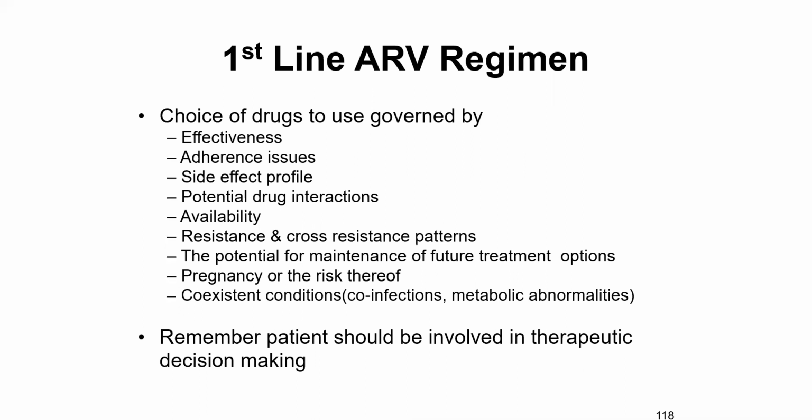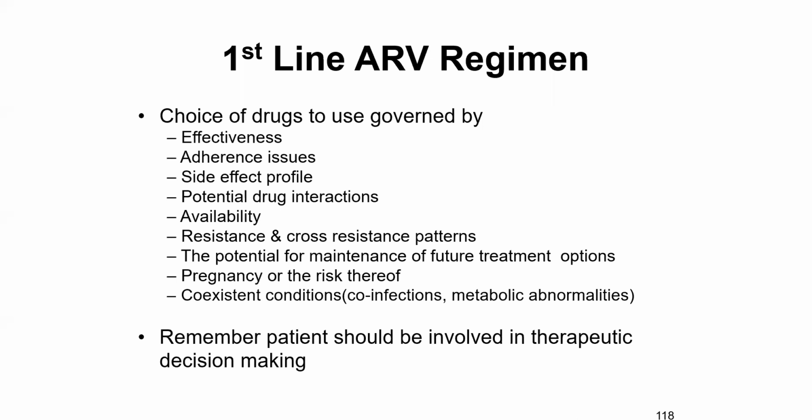In terms of making a choice of drug which we give for our first line, there are several things which we consider before we decide which drug to give our patients. Some of the things which govern that are the effectiveness. We need to make sure we give people drugs which are effective. Adherence issues, side effects profile. We need safer drugs.